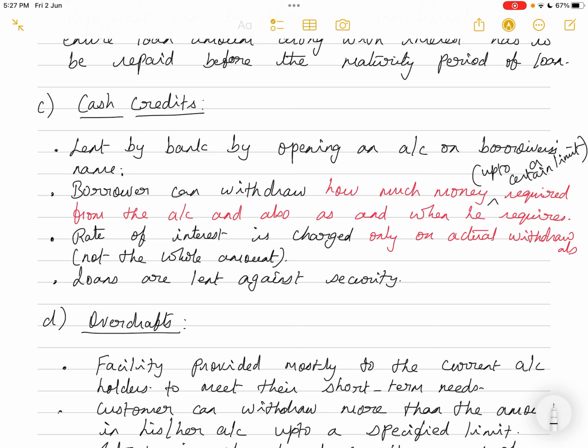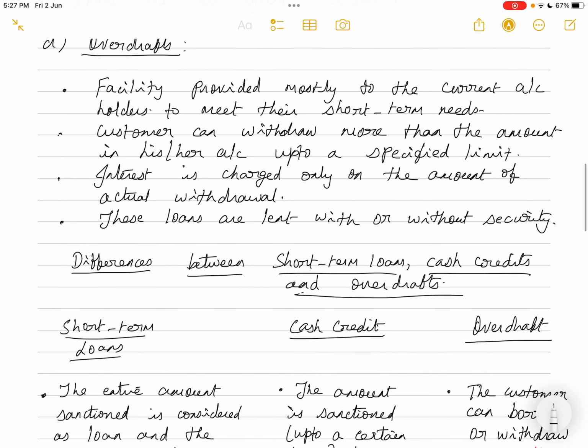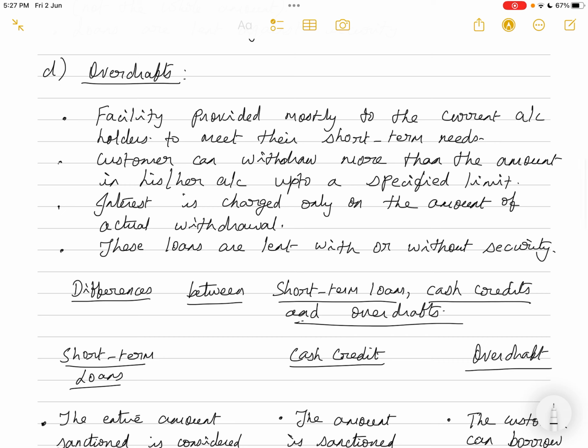Okay, then the fourth type of advances or loans provided by the banks is something called overdraft. This is a special kind of facility provided to current account holders to meet short term needs, that is, temporary requirements.